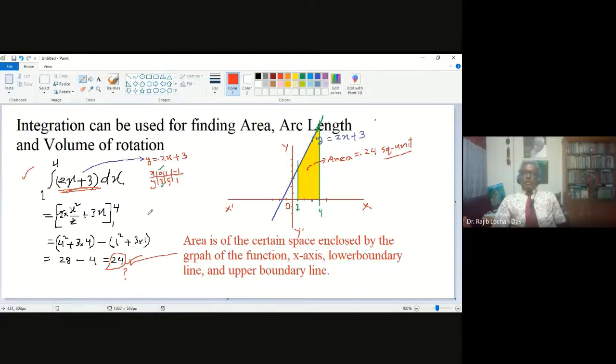That is the drawing. So if I give you the drawing, then you will interpret what I want, then you will do the calculation. But on the other way, I will not give you the question and I will not ask you to draw the graph.